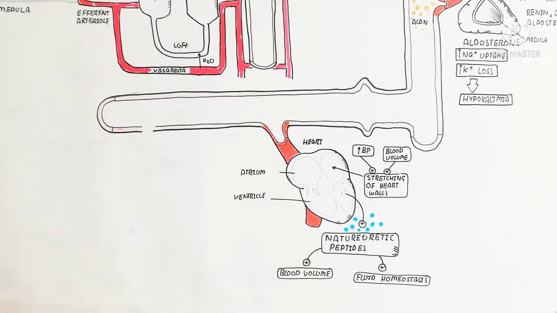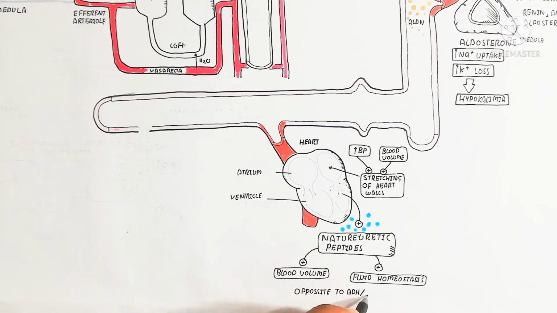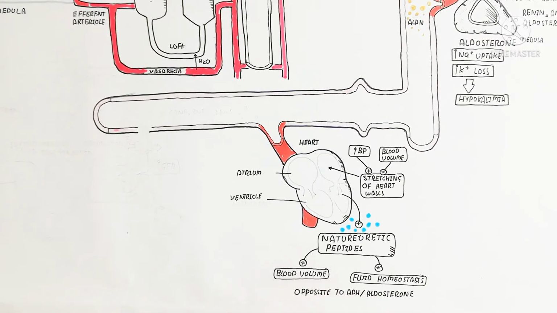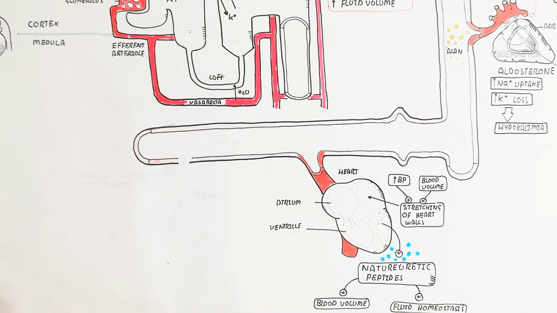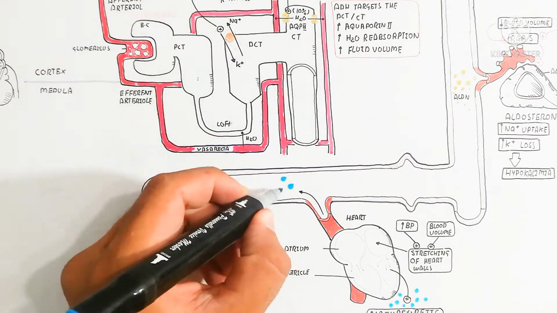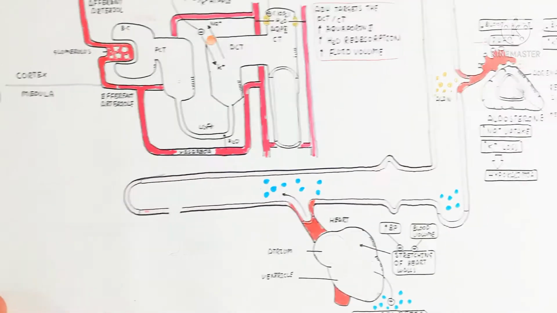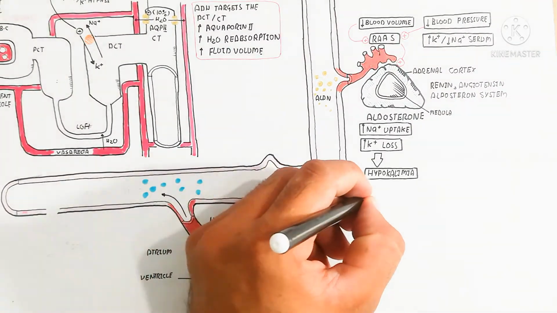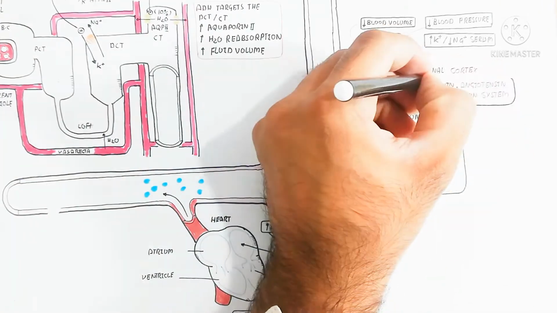So let's learn a bit more about the natriuretic peptides. They are opposite to aldosterone as well as the antidiuretic hormone. Anti means against, and diuretic means diuresis, so basically it is anti. When it moves into the blood vessel, it binds with the natriuretic peptide receptor.